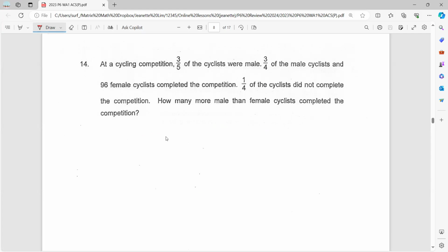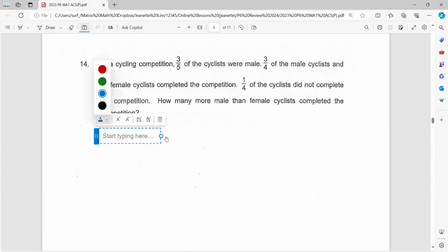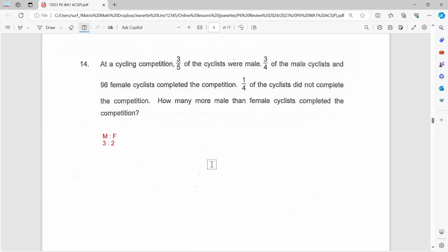So I'm going to write male to female. Let me type it out. So male to female, 3/5 were male, so 3 for male and 2 for female. Okay, that's the first ratio.